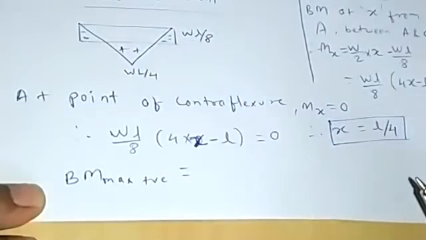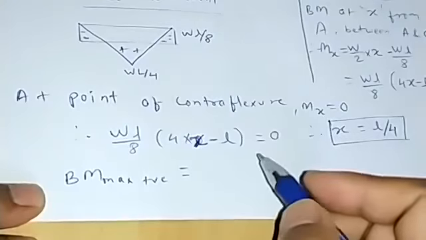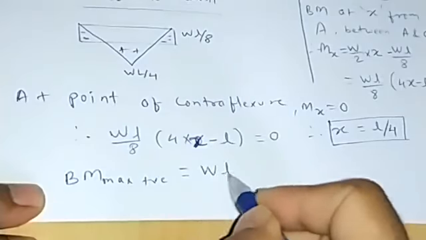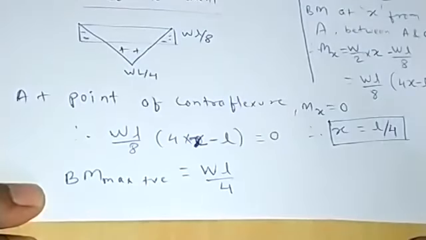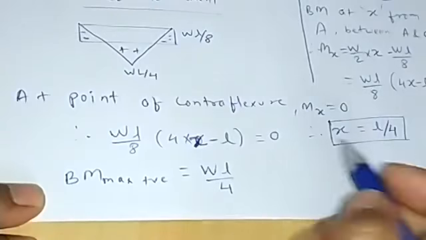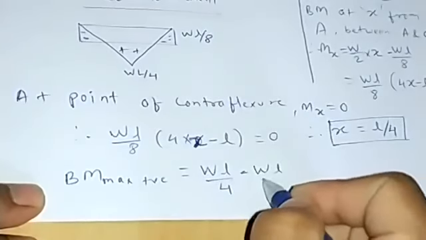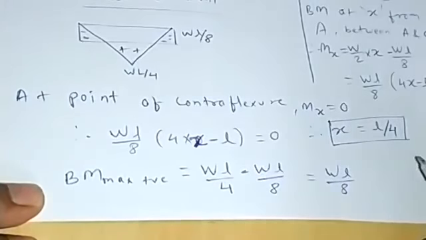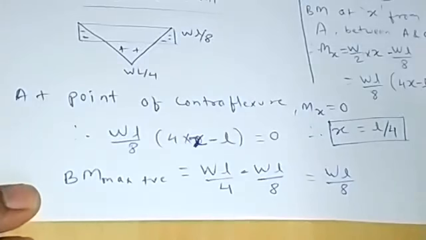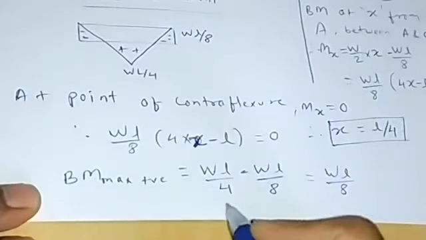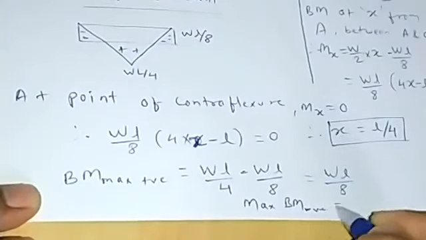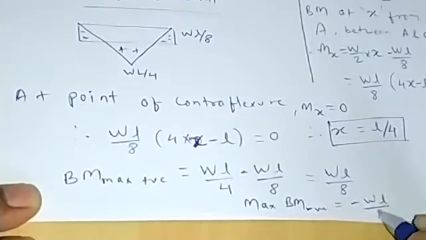This would be equal to W into L by 4 minus W into L by 8, which is equal to W into L by 8. So the maximum bending moment is WL by 8, and the maximum negative bending moment would be equal to minus WL by 8.